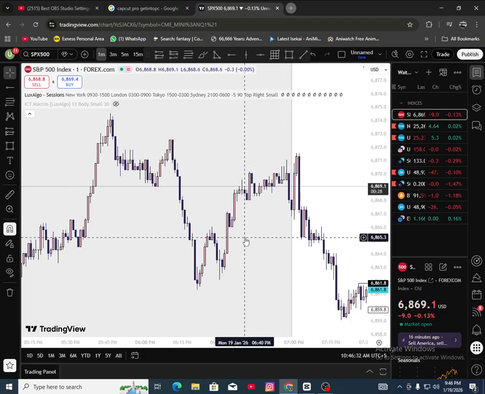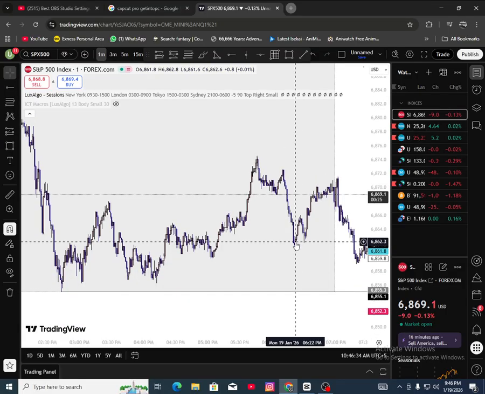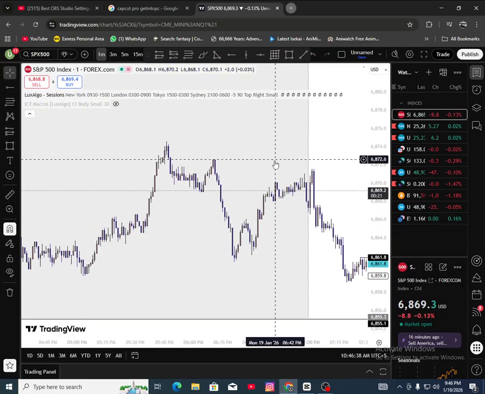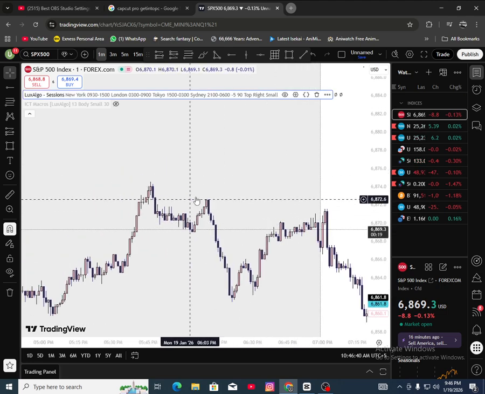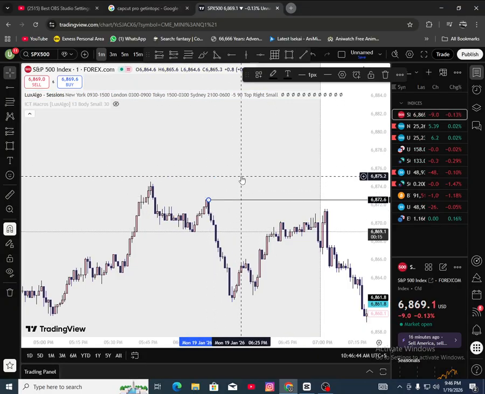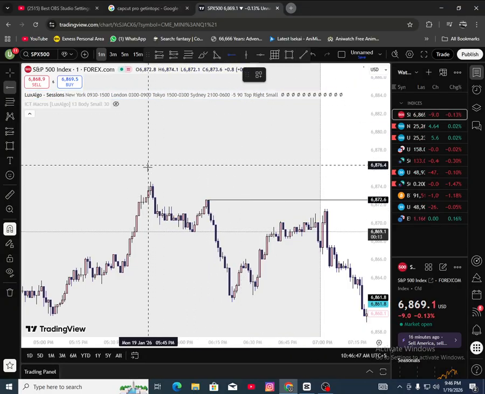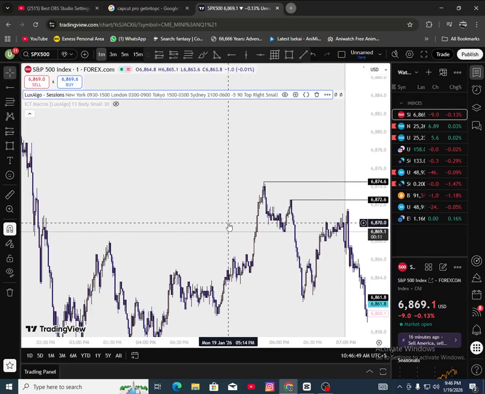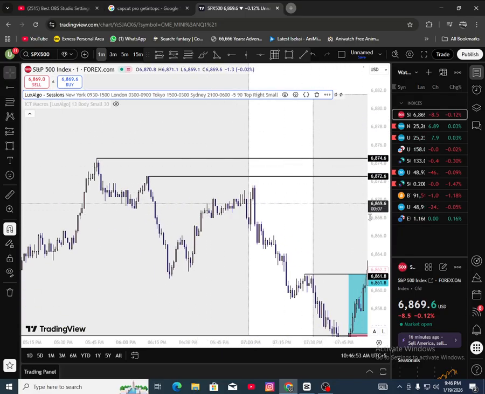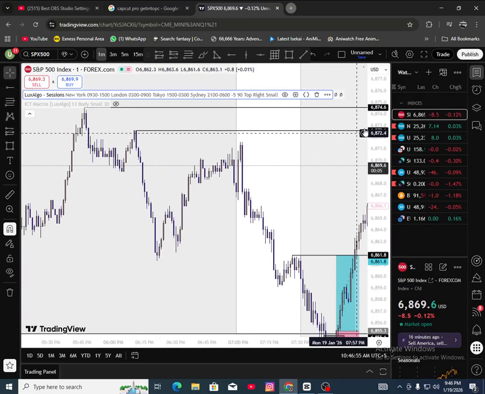If you want to target these lows, we at least want to have an internal liquidity sweep. So this is an internal liquidity. We will mark this, and also this is an external liquidity. We at least want internal liquidity to target lower.